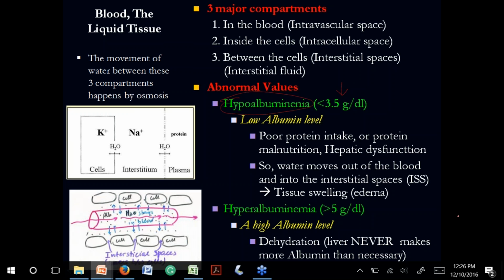Okay, hyperalbuminemia, the opposite. If you have high levels of albumin, that is given when you have a patient who is dehydrated. But if you give too much albumin, it is going to retain too much water in the vessels. That is going to be the opposite of dehydration.